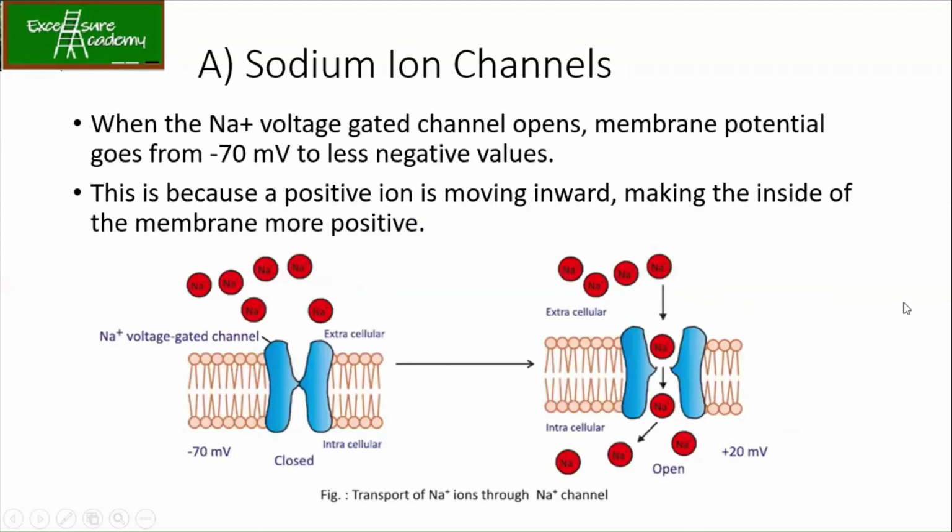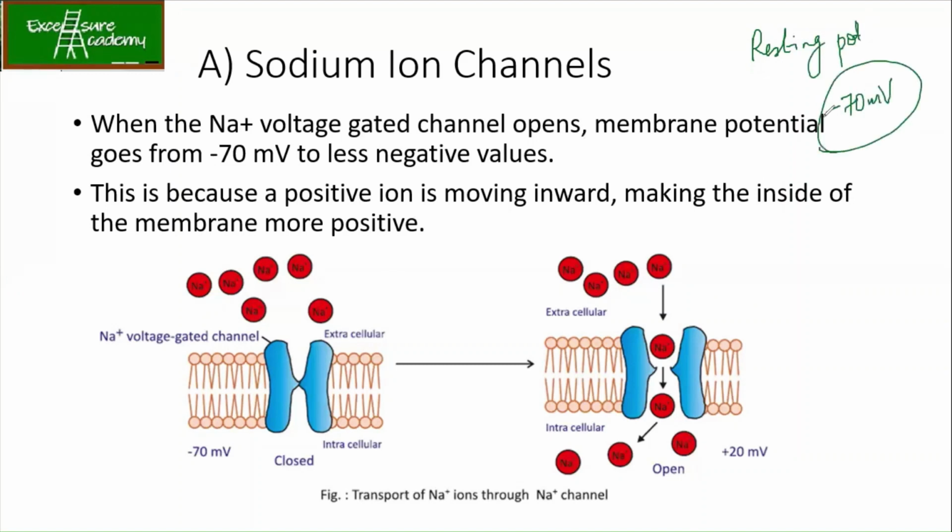Okay, now let's talk about the sodium ion channels. When the Na plus voltage gated channel opens, membrane potential goes from -70 to less negative. Now why is this happening? Already we have mentioned that our resting potential is -70 millivolt.